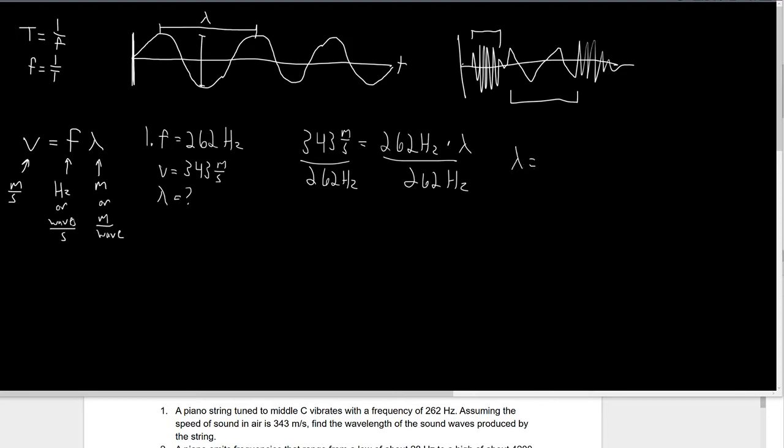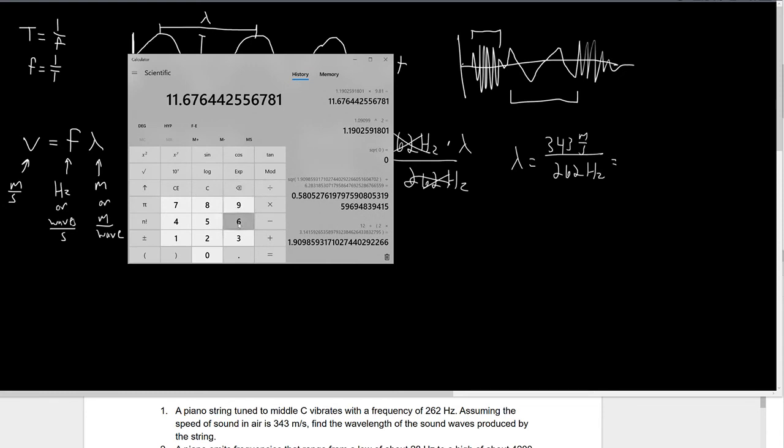And that brings us to, can't do that one in my head. All right, so we're going to cancel, 343 meters per second over 262 hertz. Now I'll bring my calculator over, and I'm hoping it'd be pretty hard for me to mess this one up, except when it doesn't register the 2.